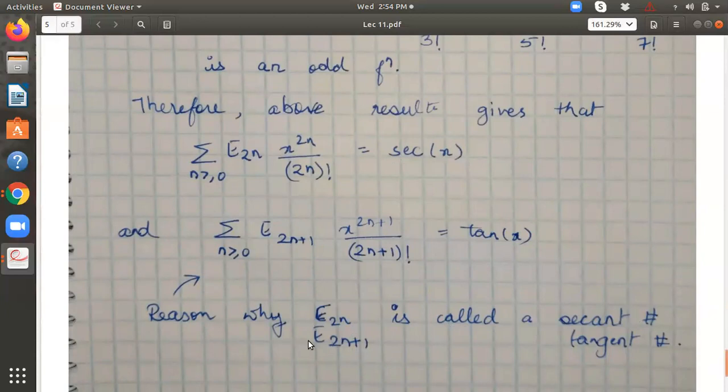And for the same reason, E2n plus 1, which is counting the number of alternating permutations in an odd cardinality set, is called a tangent number, because this can be expressed as a tan x. Okay, and these can be taken as definitions of sec x and tan x once you have done this theory.